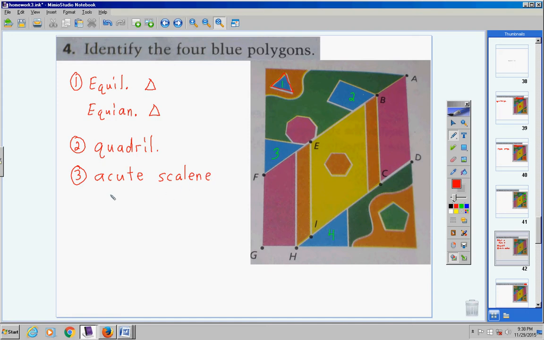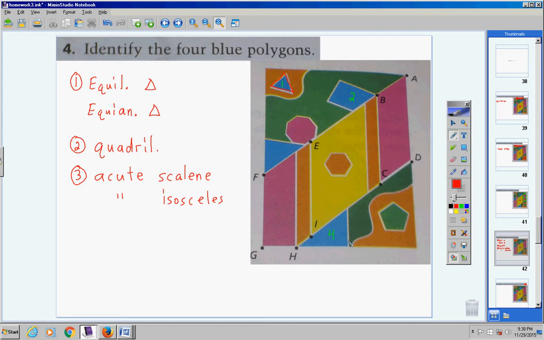Now, you could call it an acute isosceles if you want to argue that this side here is congruent to this side here. Again, on a test or a quiz, I'll make it so obvious you'll know, okay? Moving on to number 4.